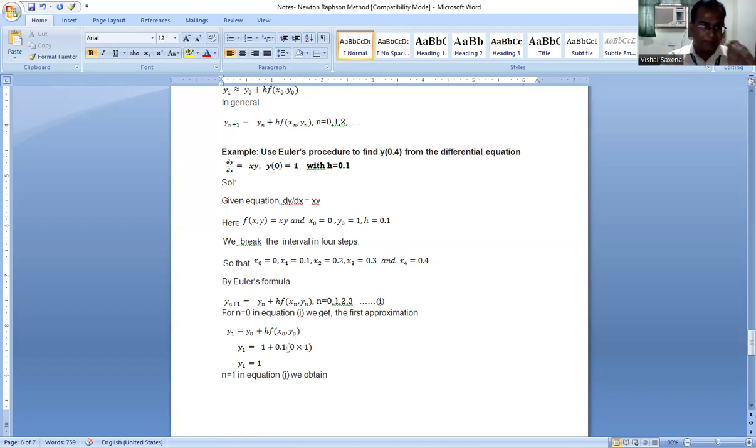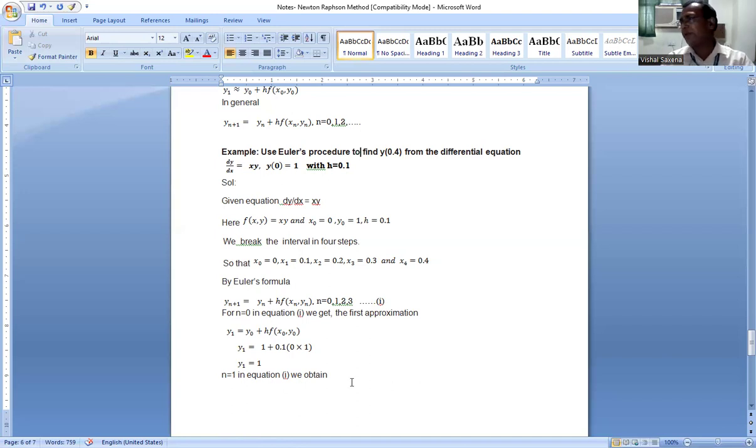Now put the values: y naught is given as 1, h is already given as 0.1, and function f is given in terms of x and y. And x naught is given as 0. Just putting the values in this equation and solving, we will get y1 equals 1.